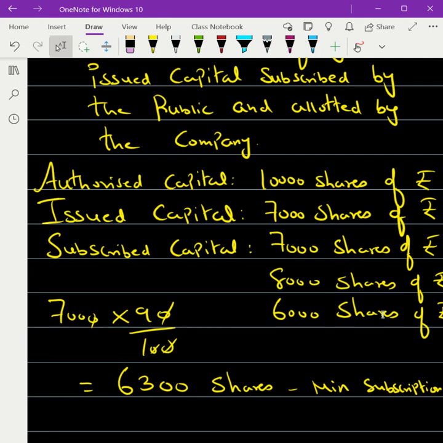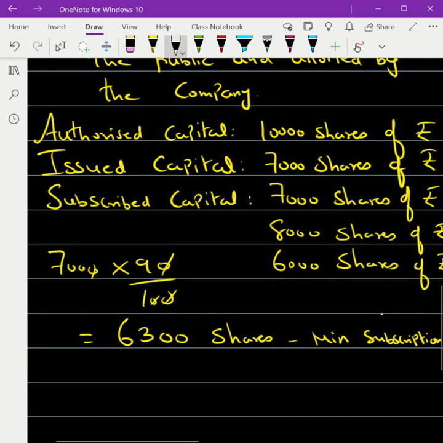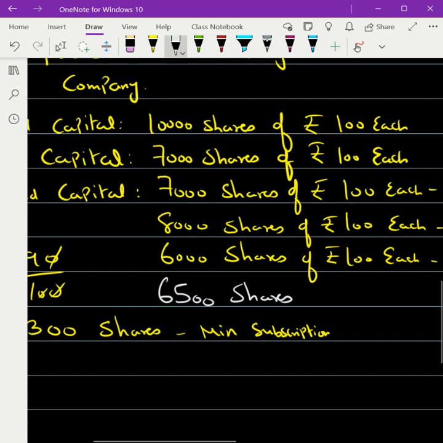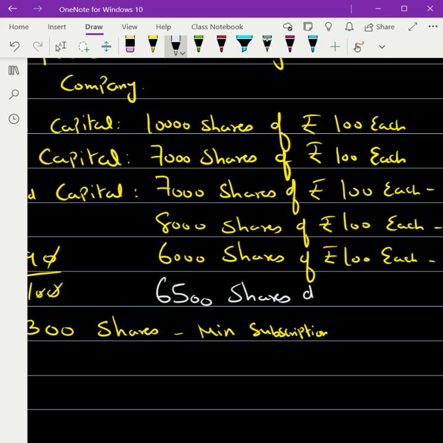Is this clear to you? Suppose in the same case you are getting 6,500 shares. In that case, it is under subscription only, but still you can proceed further because you have reached the minimum subscription limit. Am I making sense to you? This is a case in which you can proceed further.